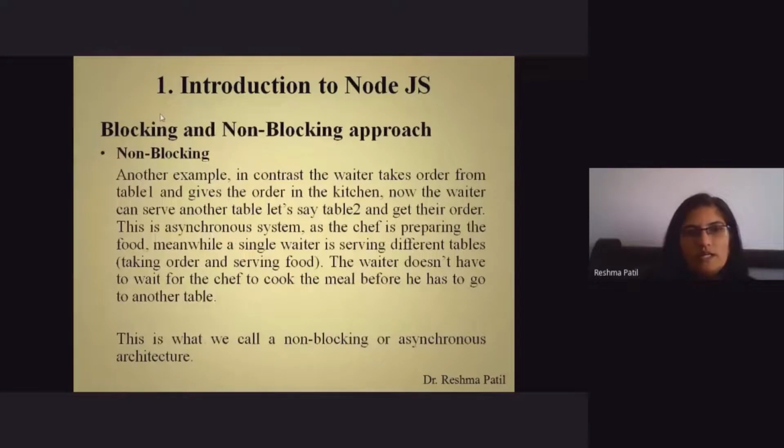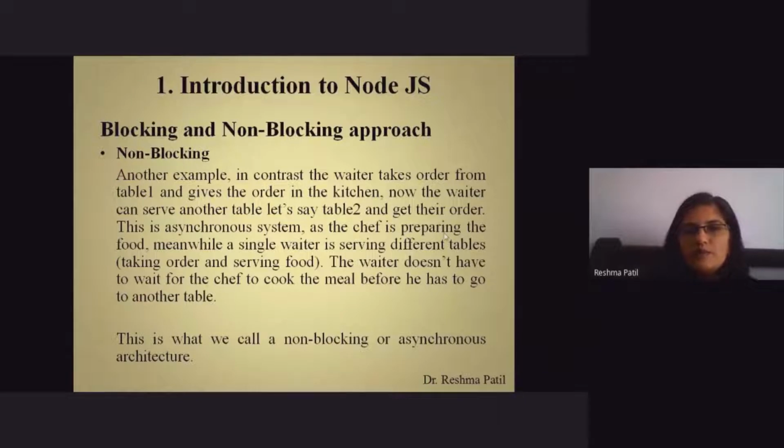Here is again the same restaurant example. In contrast, the waiter takes the order from table 1 and gives the order to the kitchen. Now the waiter can serve another table. He will go to another table, say table 2, and take their order. This is an asynchronous system.